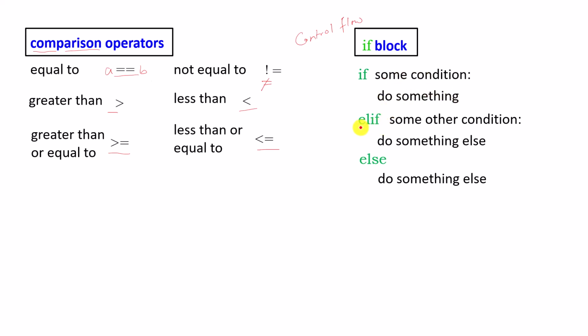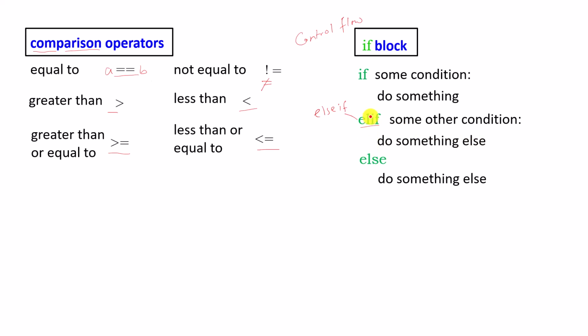And then again, there is another condition here, it will come here. So this is elif. Elif essentially means else if. So if this condition is not satisfied, it will hit this else if, and it will see there will be some other condition. Usually it will come in terms of these comparison operators like this, and some statement my program will execute.